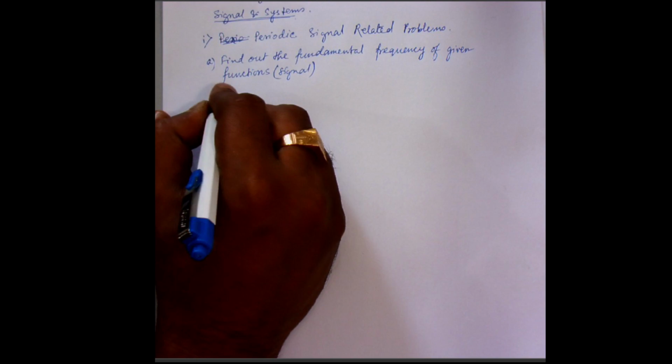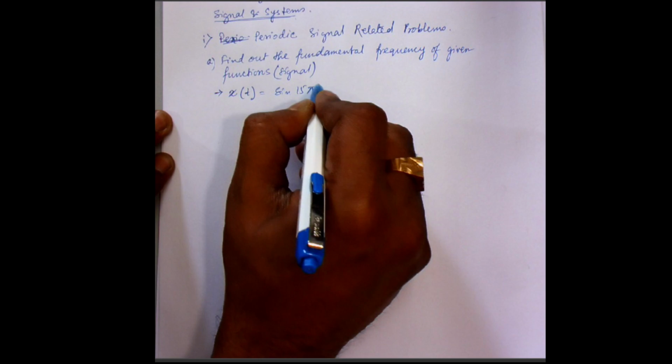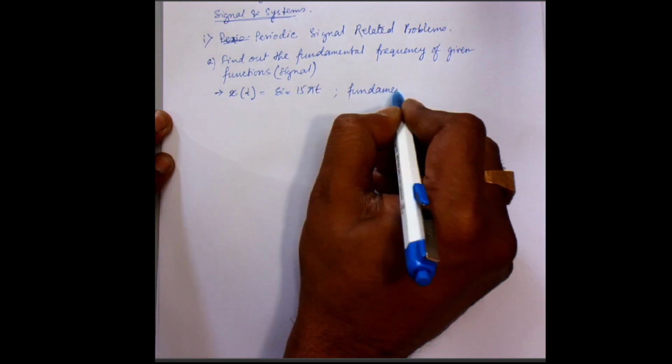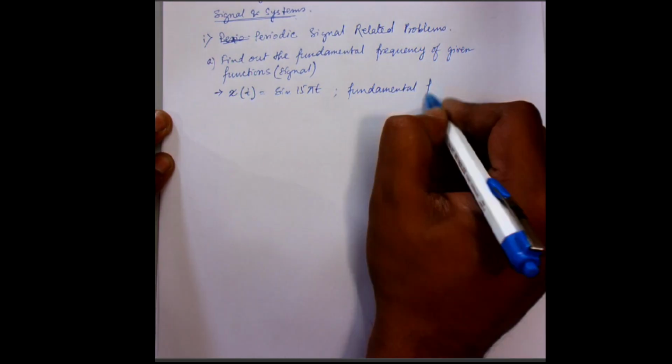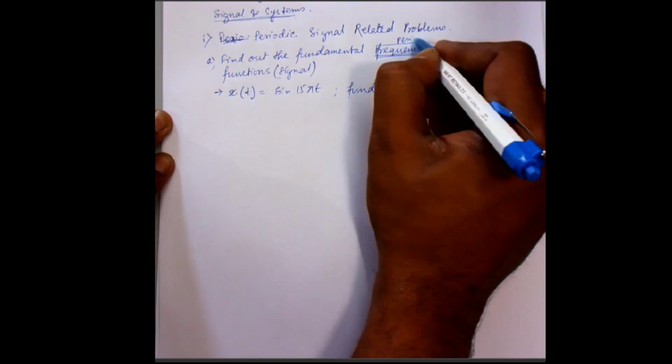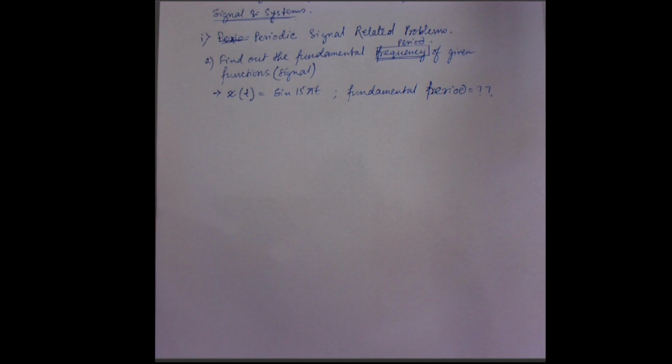I am giving you the first example. Suppose x(t) equals sin 15 pi t. Now you have to find the fundamental period. Okay, let us say fundamental frequency is not a good term; instead, fundamental period of the given signal.